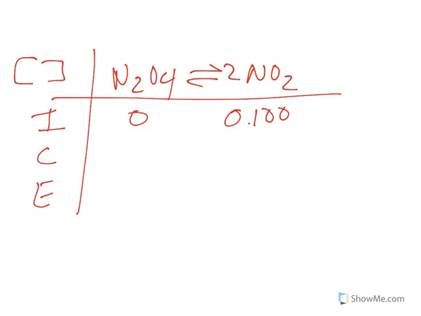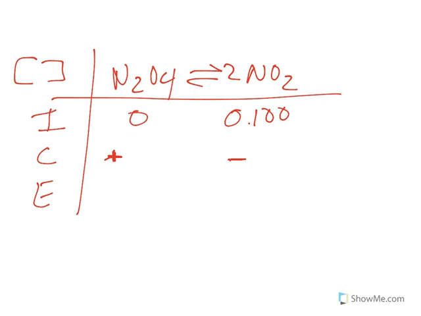All right, so how are they going to change? This is where you've got to be careful. You just don't want to start slapping negative signs on this side and positive signs on this side. That's where that Q came in handy. Right? Q told us we were going to consume this guy and make this guy.